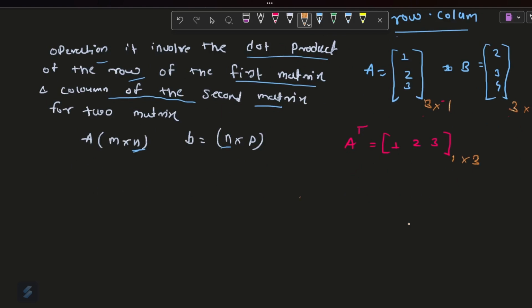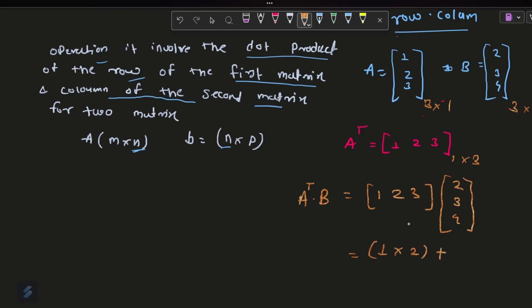So we get A multiplied by A transpose, with 1, 2, 3 and 2, 3, 4. This is 1 multiplied by 2 plus 2 multiplied by 3 plus 3 multiplied by 4.